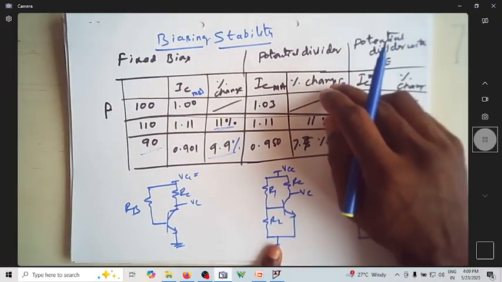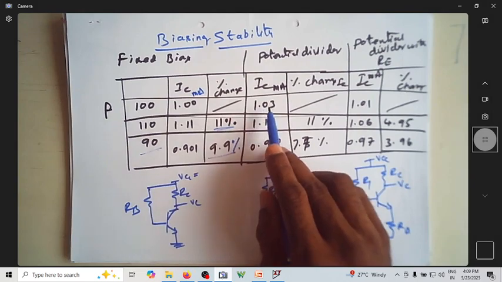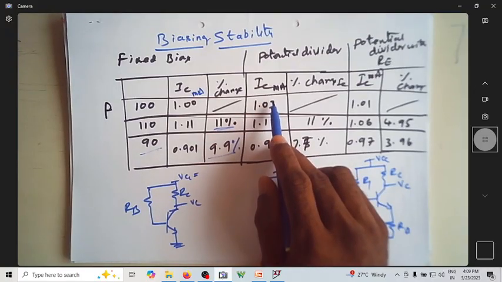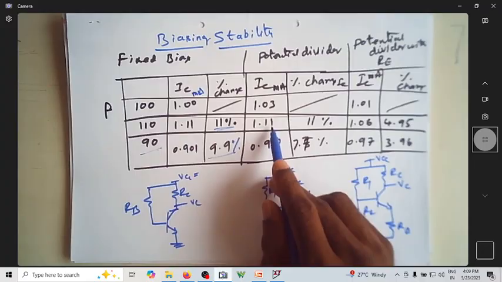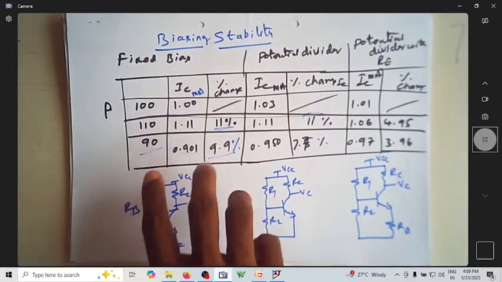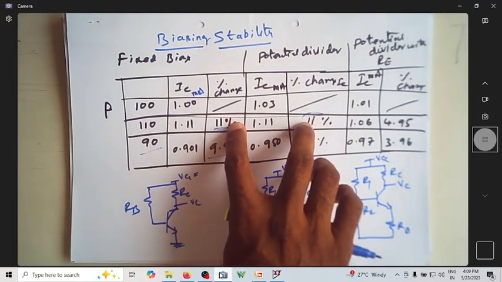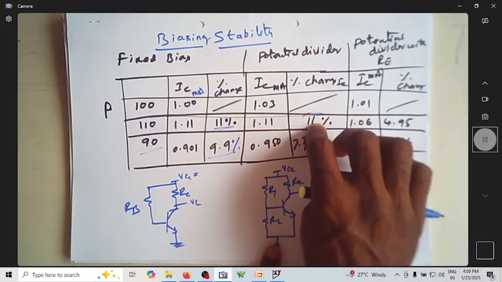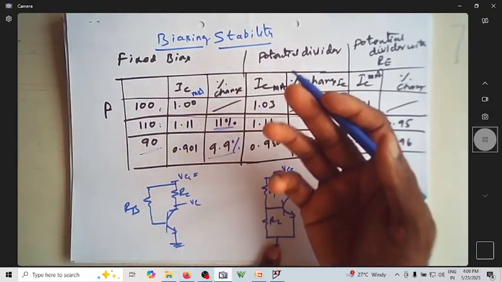Then I took this circuit again and did the same thing. With beta as 100, the current is 1.03, taking this as the reference. When I vary beta to 110, it becomes 1.11, again an 11% variation. There is not much difference in the variation of IC. Again 11% change for a 10% change in beta, which is bad.